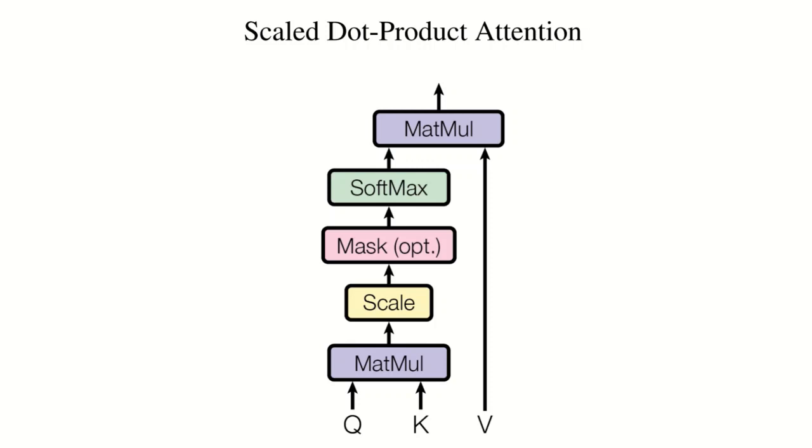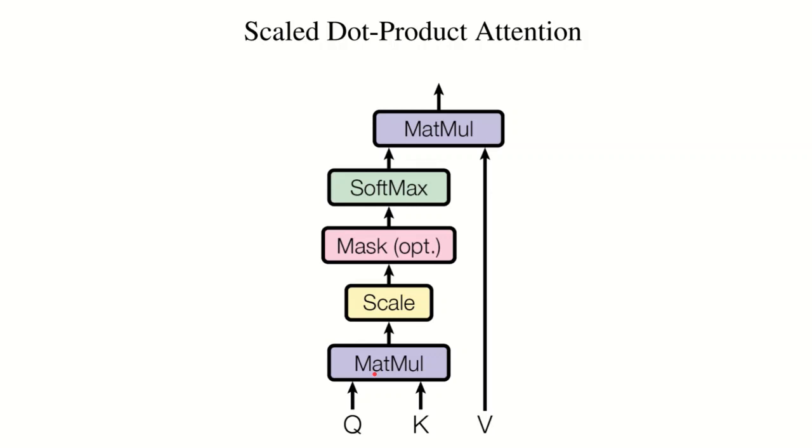This is our function for scaled dot product attention. Notice that there are no layers or parameters. This is just a pretty simple deterministic function. All of the learning occurs outside of this function. The first thing we do in this function is multiply our query and key matrices across their embedding dimensions.